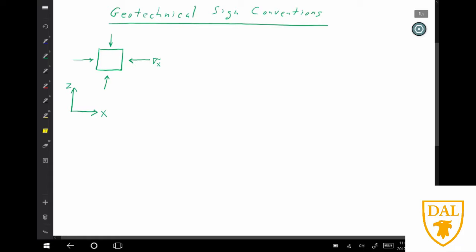So we've got sigma x and sigma z. So normal stress is positive in compression. That's super straightforward for everybody.